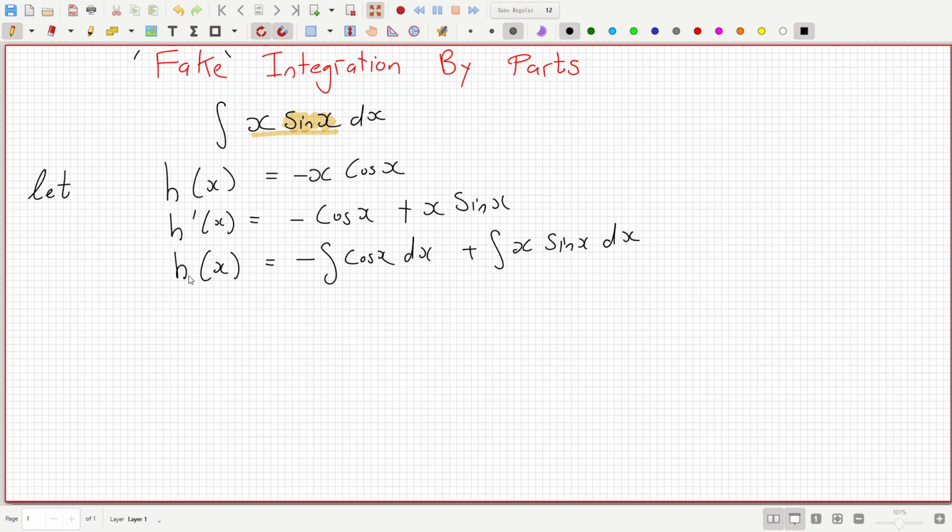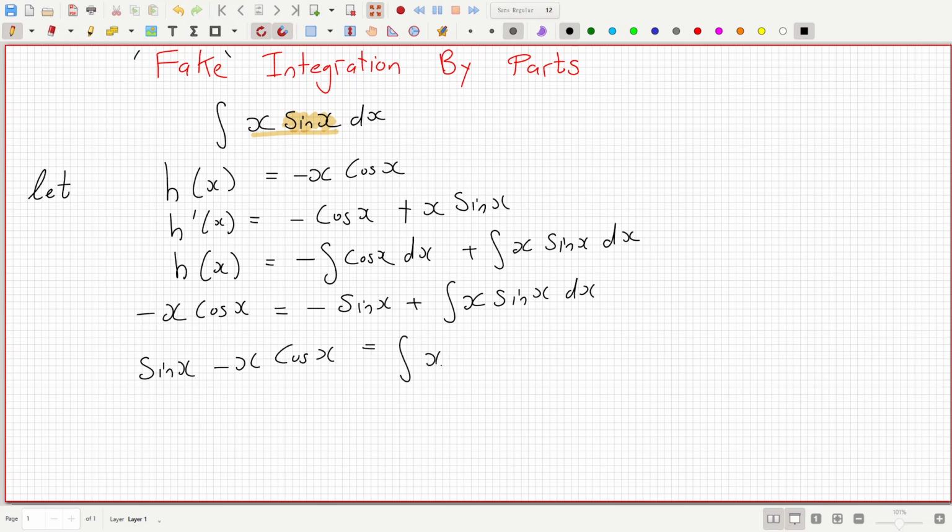Now, h(x) we know, it's minus x cos x. And the integration of cos x we know, it's sine x. And the integration of x sine x we don't know. But that's actually the question. If I was to take this over to the left, I would get sine x minus x cos x is equal to the integration of x sine x.